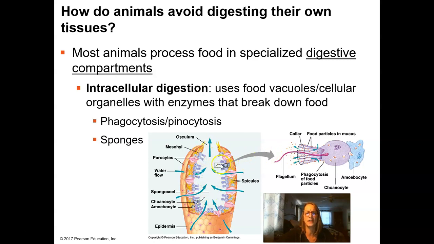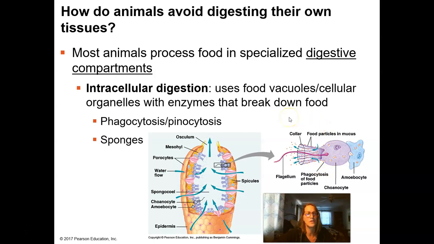There's little flagella coming out from the choanocytes, and food particles can get trapped near those flagella, and then they can move into the body of the choanocyte. Inside the choanocyte are little vacuoles that hold the food. So here are the little vacuoles that are holding the food. You can see right here the sponge is consuming some food using phagocytosis.